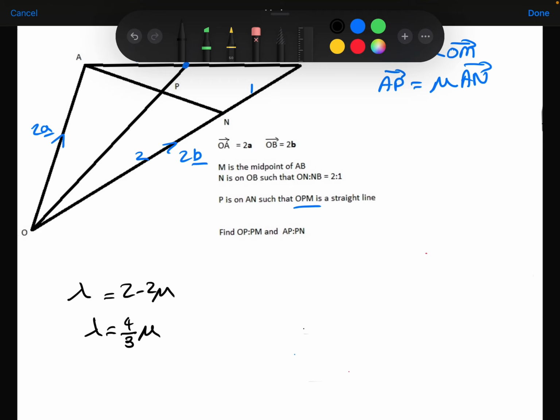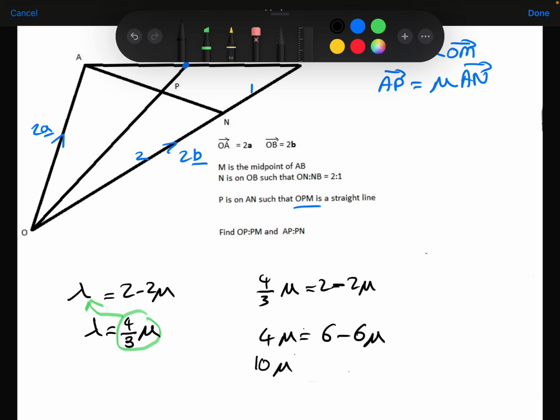So I can take this and substitute it into there because I know that the lambdas are equal to one another. So I would have 4 over 3 mu equals 2 minus 2 mu. Let's simplify this a little bit by timesing both sides by 3. Add the 6 mu to both sides. Divide both sides by 10.